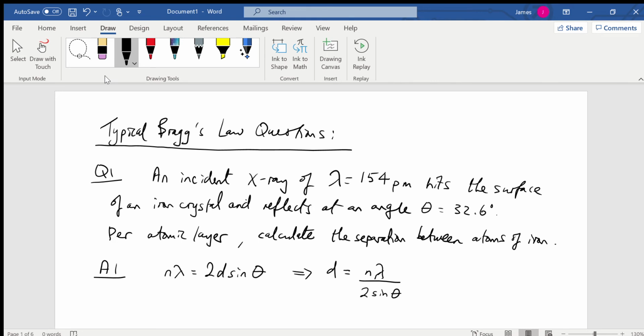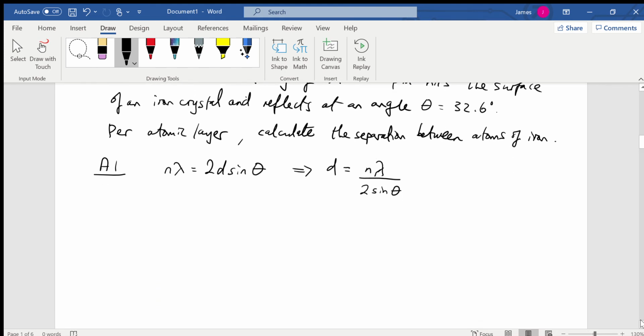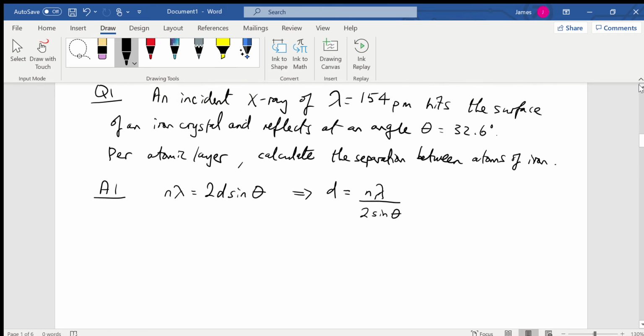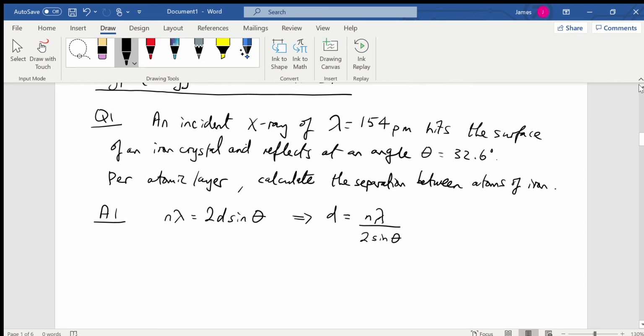Okay, let's scroll down, but keep the question in view. So d, the separation of layers, is: n is 1 because per atomic layer, so it's 1 multiple of the wavelength, which is 154 picometer, and then we divide that by the number 2 and then sine of the angle 32.6.